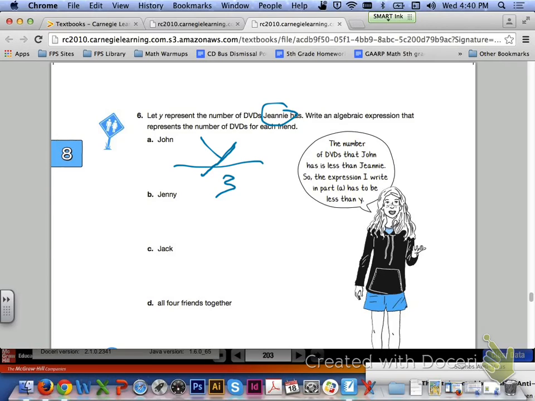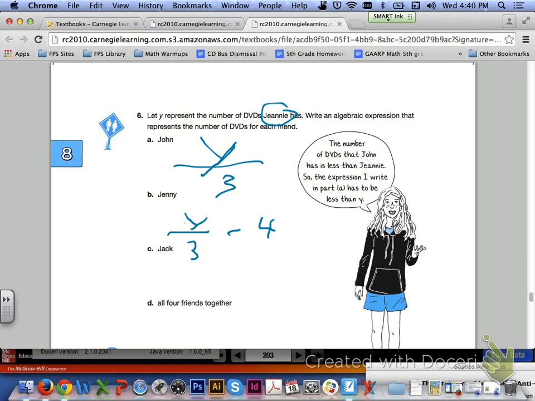For Jenny, John has 4 more DVDs than Jenny. So if John's Y divided by 3, Jenny is Y divided by 3 minus 4, because Jenny has 4 less than John, or another way to say that is John has 4 more DVDs than Jenny.